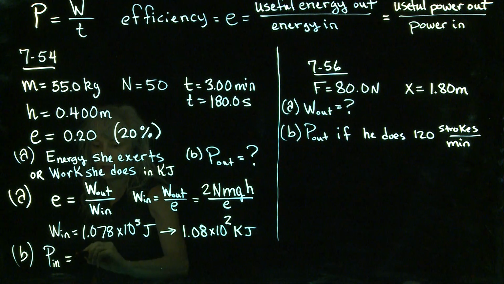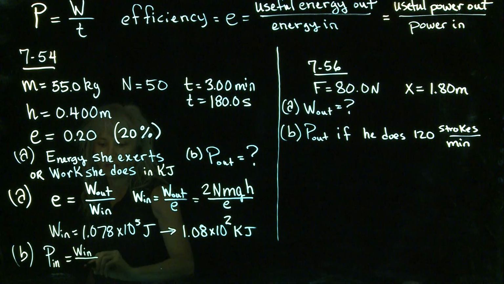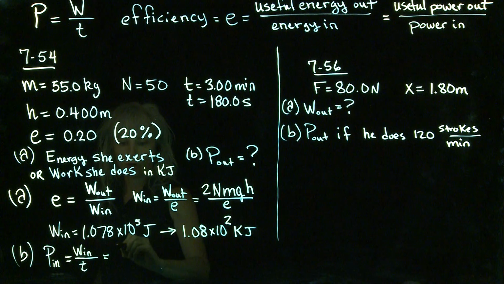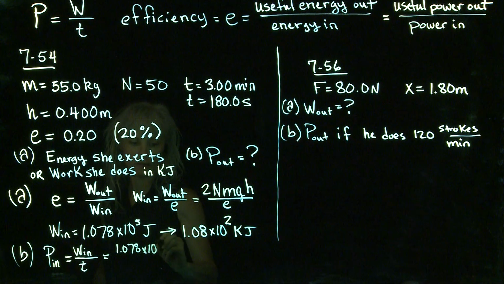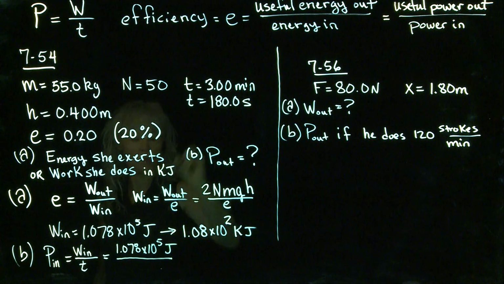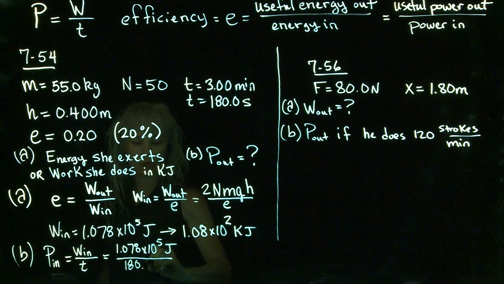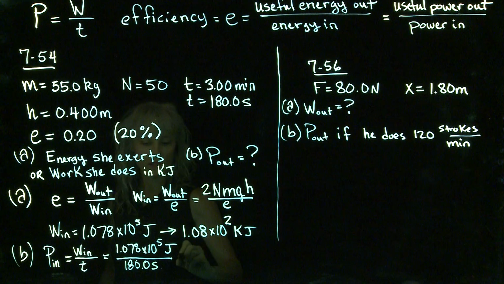So this is going to be the total work or energy coming in divided by the time. And so this is going to be our 1.078 times 10 to the 5th joules. And we're going to be dividing that now by the time it takes her to do these deep knee bends and keep all her other systems sustained.